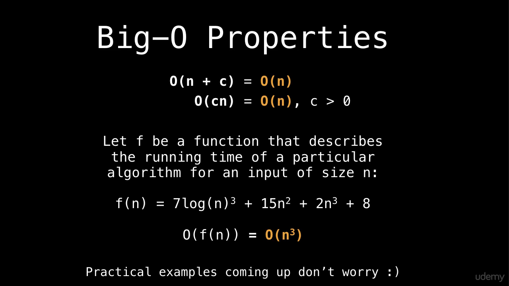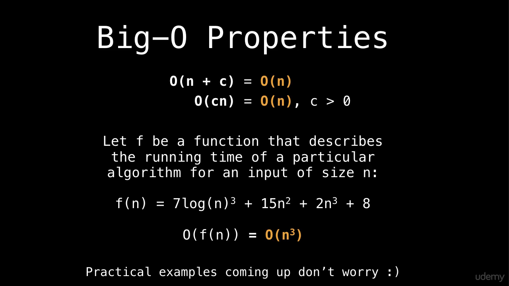But of course, this is all theoretical. In the real world, if your constant is of size 2 billion, probably that's going to have a substantial impact on the running time of your algorithm. However, let us look at a function f, which I've defined over some input size n.